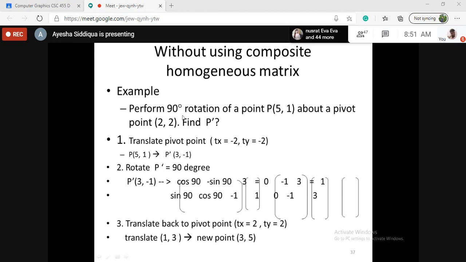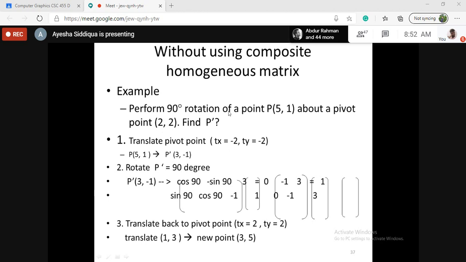Yes, so you have to subtract this 2 and 2 from 5, 1. That is why it is written tx equal to minus 2, ty equal to minus 2 with respect to the point p. That means 5 minus 2 since it is given 2, 2. So 5 minus 2 you will get 3 and then 1 minus 2 you will get minus 1. That is how. Do you understand?